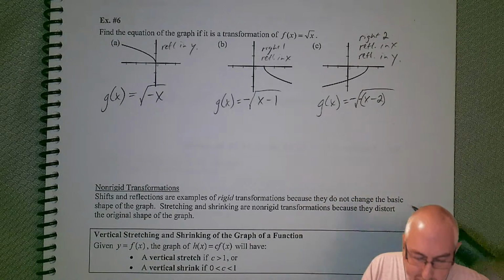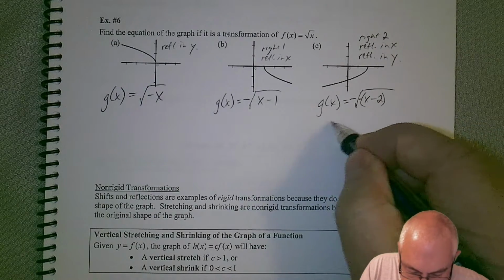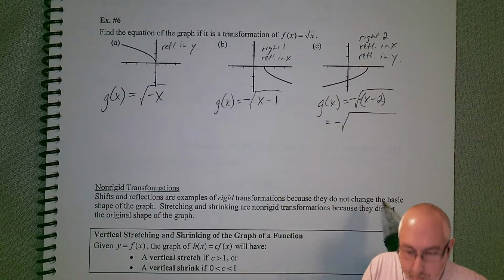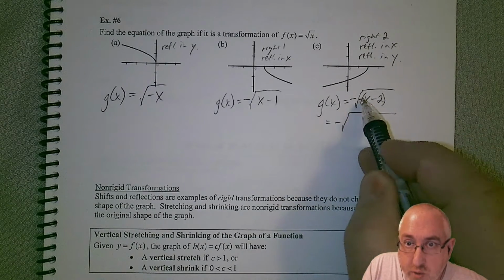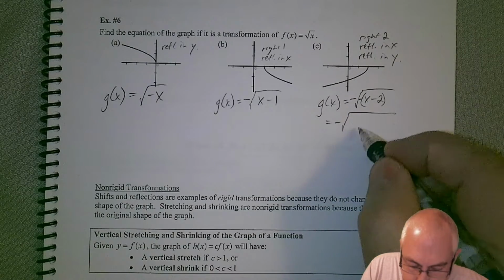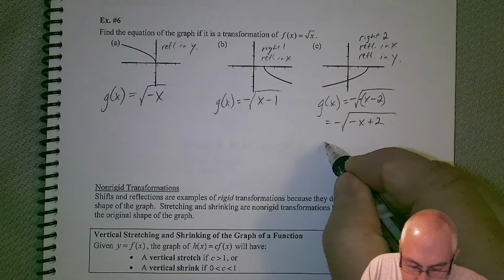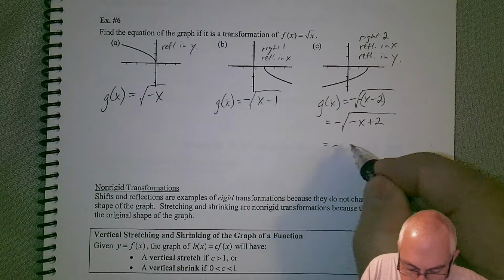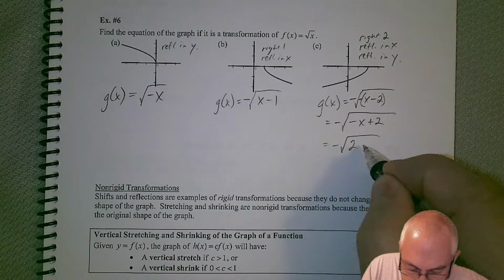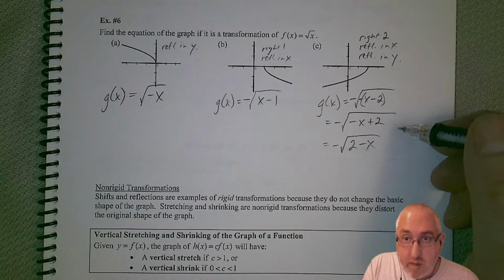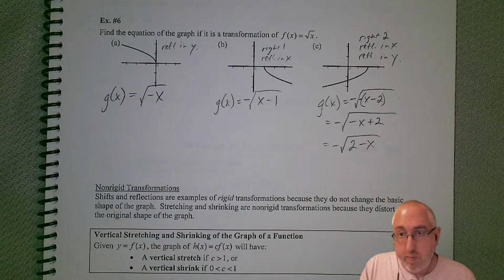Now let's pretty this up a little bit. So the negative out in front, we can't make that any prettier. But we can get rid of these parentheses if we distribute that minus sign through. So we'd have a negative x plus 2, and we can go a step further and just switch it around. Personally I would take any one of these forms because they're all equivalent.